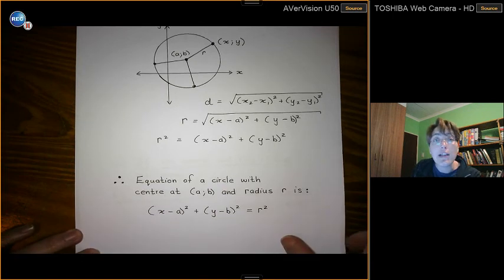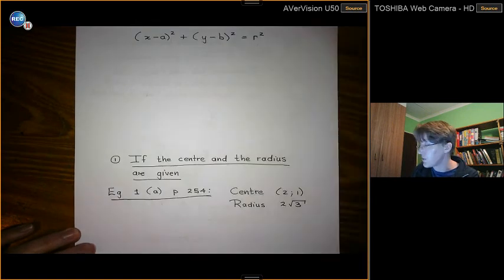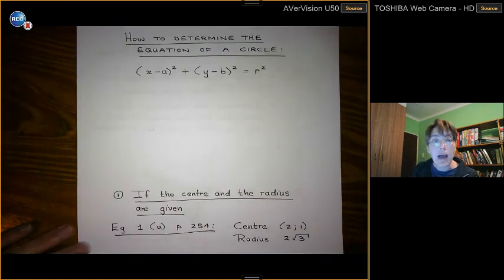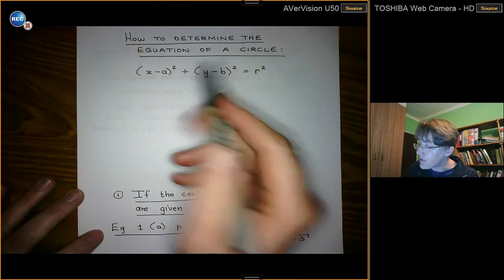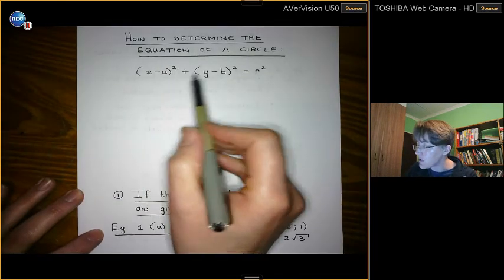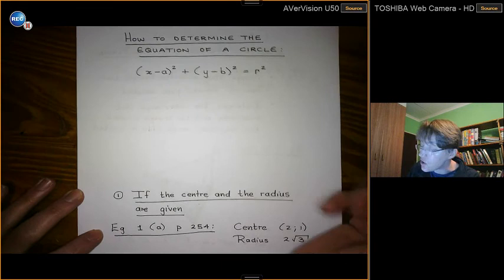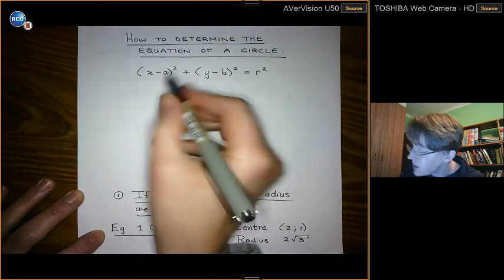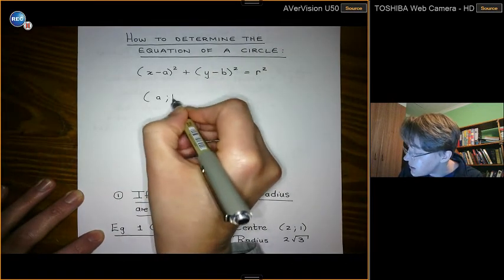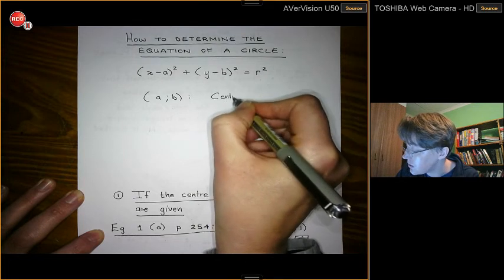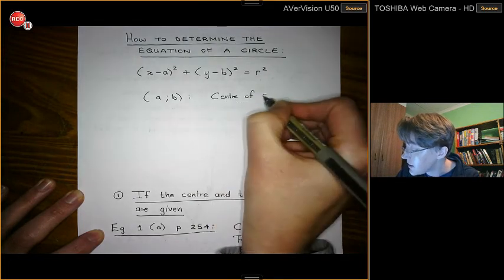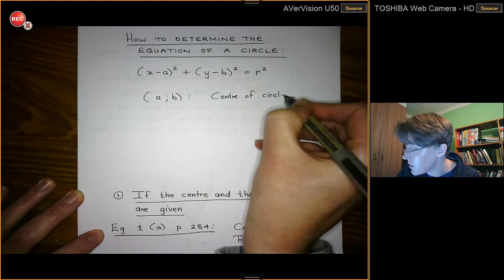Okay, so let's start finding the equations of these circles. How to determine the equation of a circle? Well, number one, we have this formula x minus a squared plus y minus b squared is equal to r squared. And just remember, to remind you guys, AB has always got to be the center of the circle. Why? Because the center of the circle is fixed. It's fixed on the Cartesian plane.